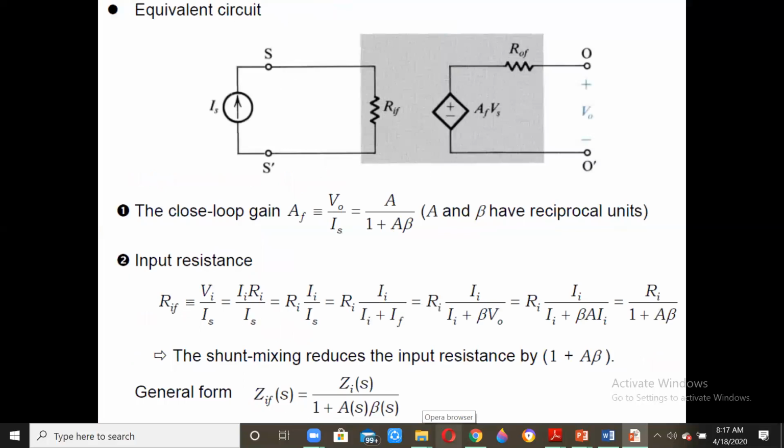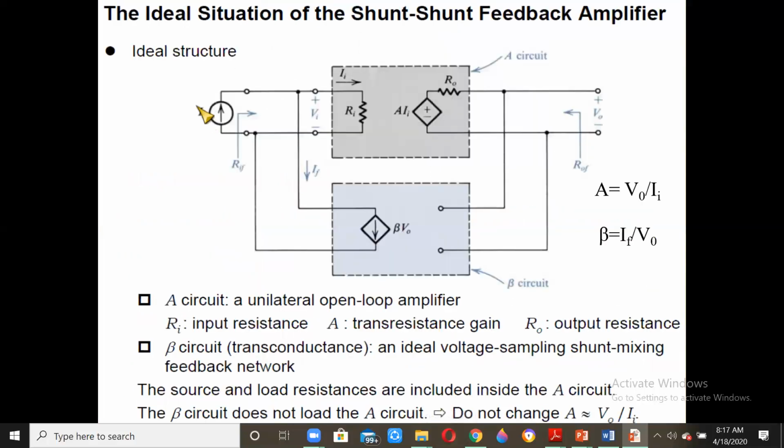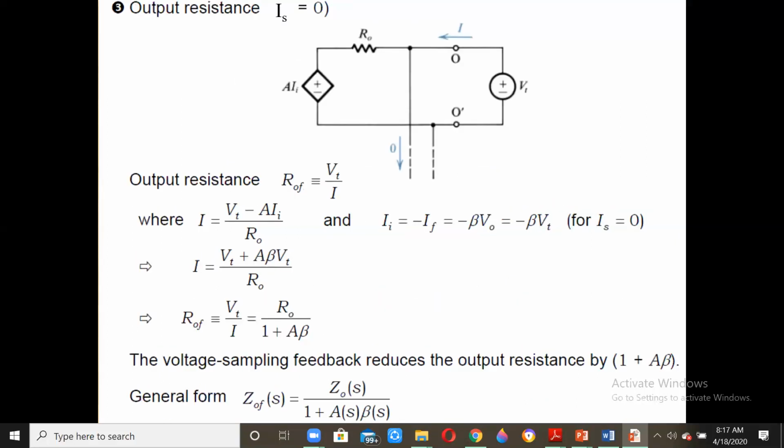The value of II itself is this: if IS is equal to II plus IF, then II will be equal to IS minus IF, and IS we are taking as 0. Therefore II will be equal to minus IF, which is equal to minus beta V0. IF is nothing but beta V0, and V0 is now VT, therefore it is minus beta VT for IS equal to 0.